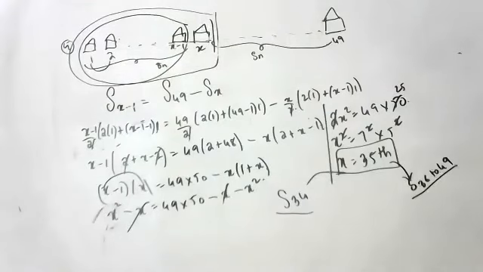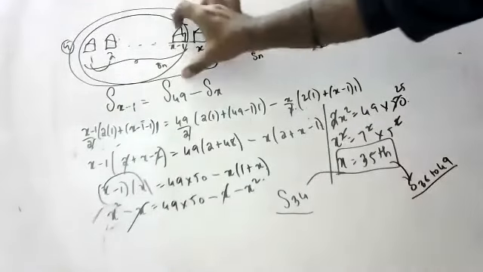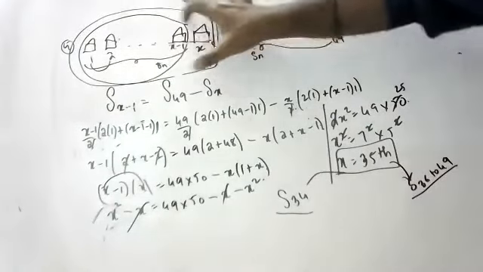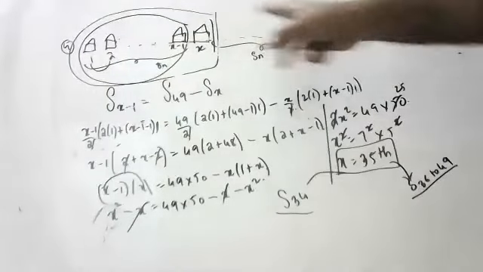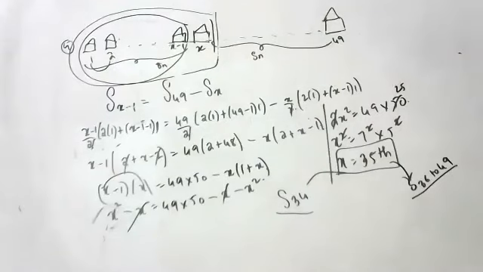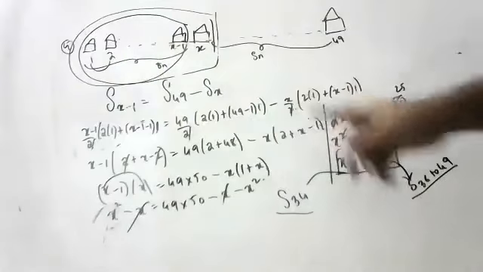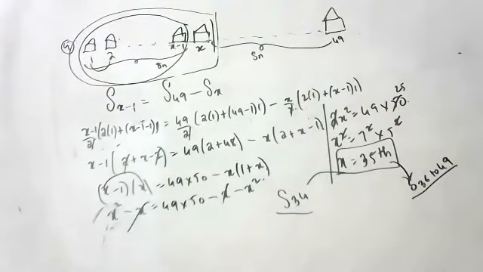Okay, sure. So this is 35th house. Till 34, if you add 1, 2, 3 up to there, and from 36 to 49, you'll get the same answer. In verification, you have to take sum of 49 minus sum of 36.